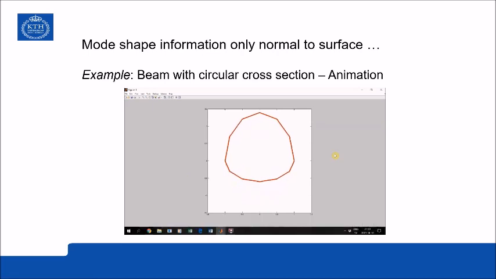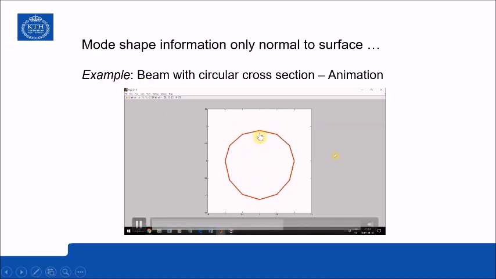And that is, of course, due to the lack of tangential deformation components in the points here. So in this case, only this point and that point move correctly. All other points suffer from this loss of information, and in particular these 2 points.